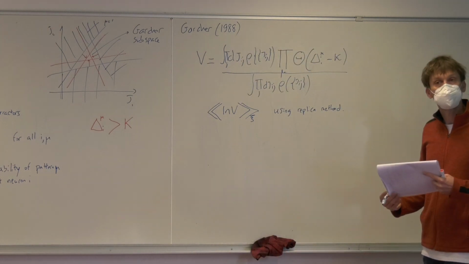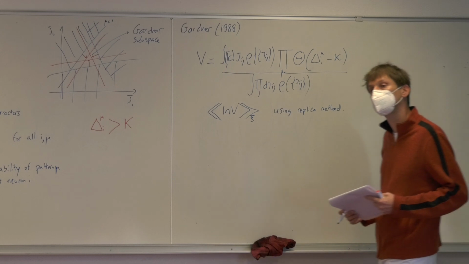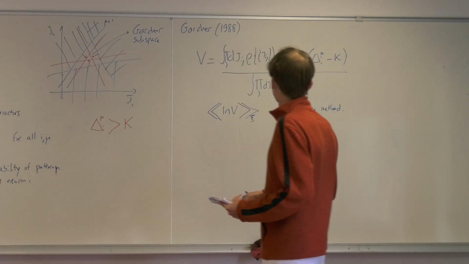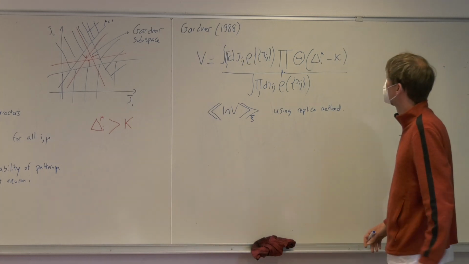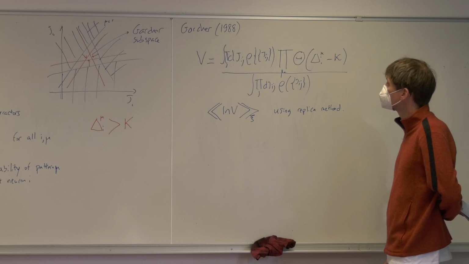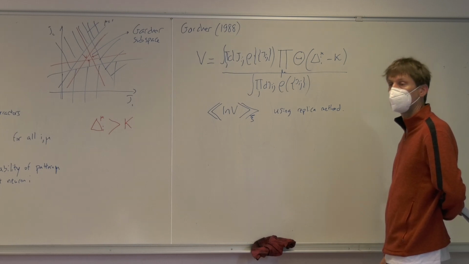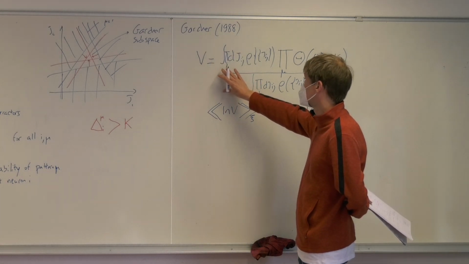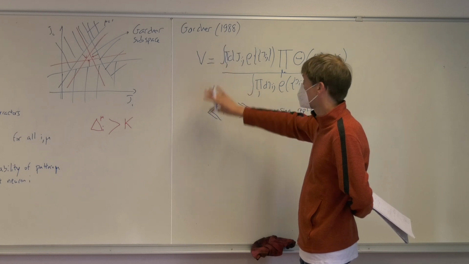Another more technical question. There's a product over index j in the integrals, but I don't see any product over this index i. What's happening with this? Yeah, so let me step back a little bit.